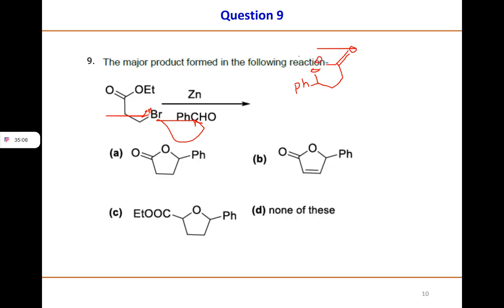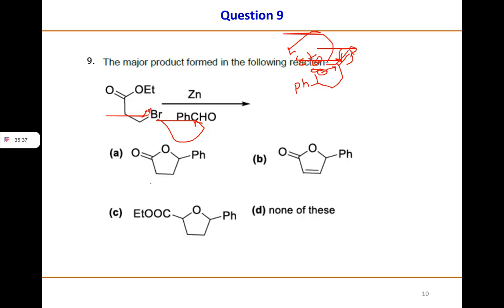Now this nucleophile will further attack this carbonyl center, and this ethyl group will knock out this way. So this will form a five-member ring.